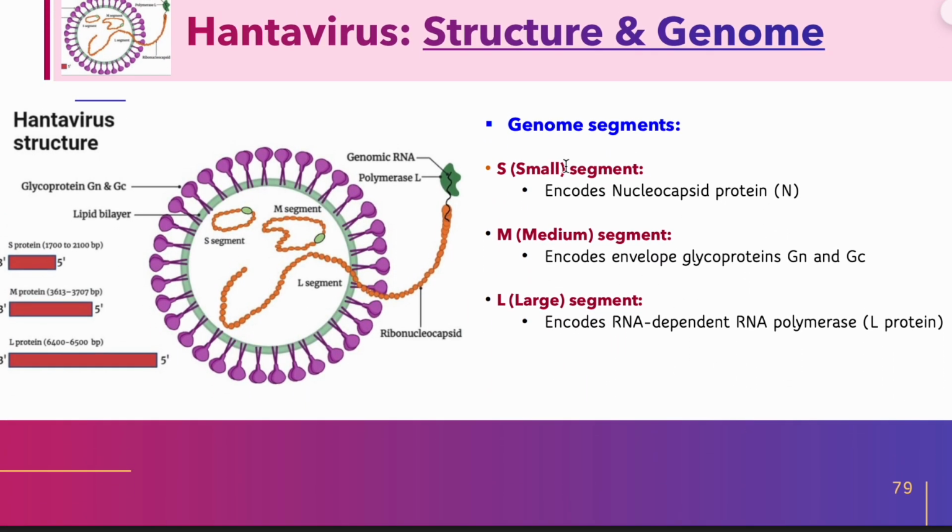For the genome segments, the small segment encodes the nucleocapsid protein, the medium segment encodes the envelope glycoprotein, and the large segment encodes the RNA-dependent RNA polymerase, or L protein.